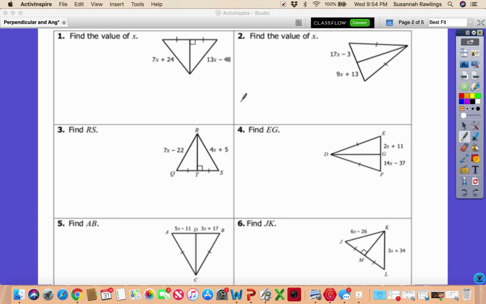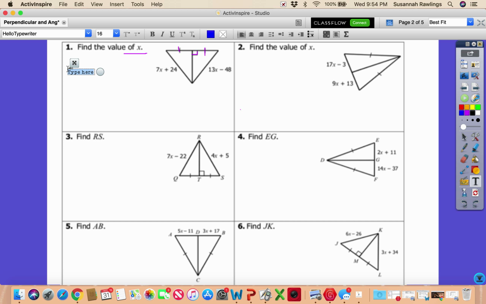Okay, so here we have some examples where we're going to solve for the value of x, just using our perpendicular bisector theorem. So we can tell that this is a perpendicular bisector because of my congruent marks and because of the right angle. We have to have both of those things. I'm going to write that down.